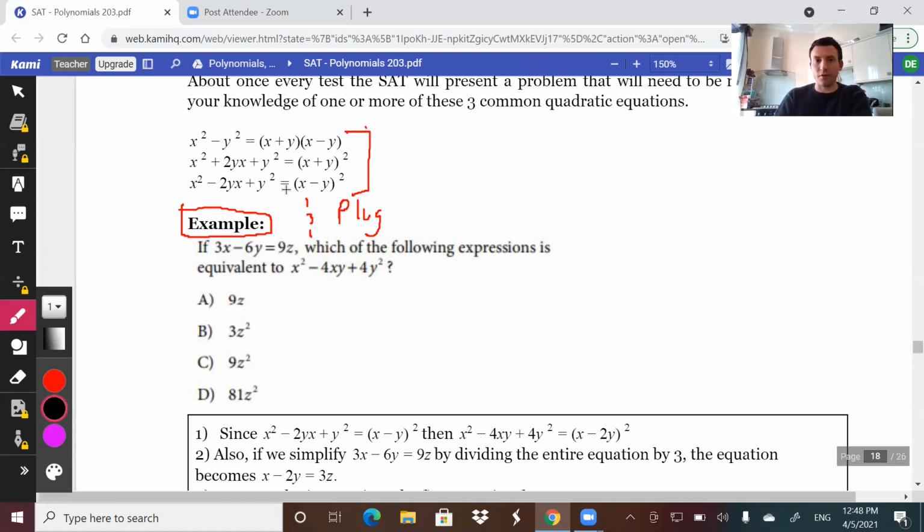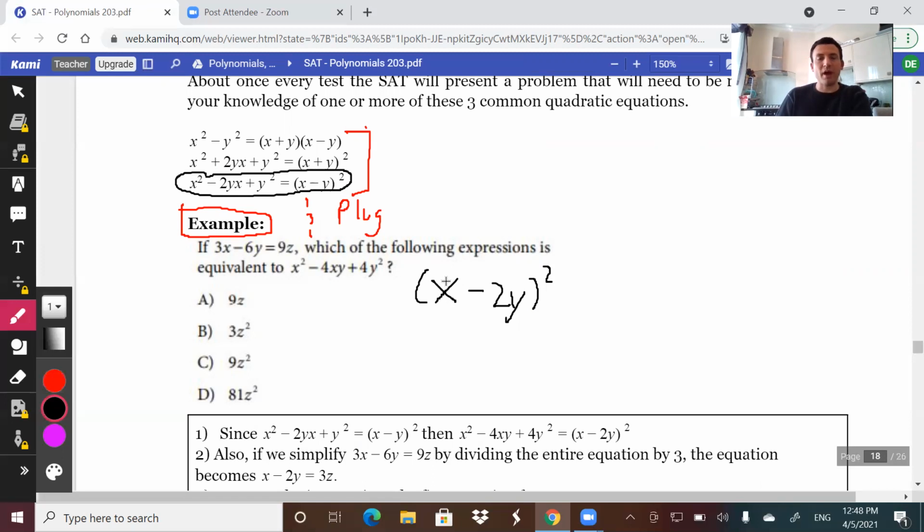So first, let's take the front door. If we look at these, the interesting thing is that if we recognize it, this can be rewritten as x minus 2y squared. I don't know if you'd catch that or not, but that's kind of playing off of this third one.